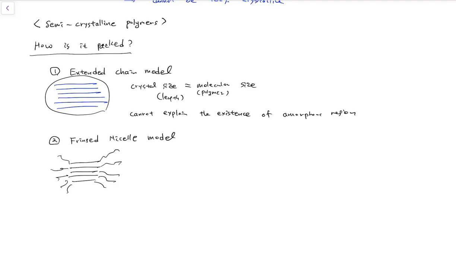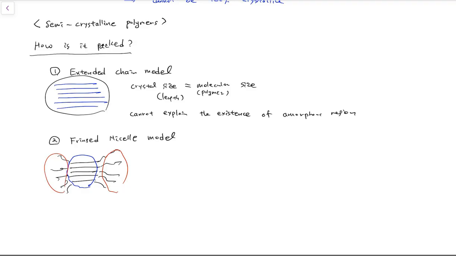By using the fringed micelle model, we can explain the existence of crystalline region and amorphous region. Let me use a different color. This is the amorphous region. So you can explain both the existence of crystalline and amorphous regions. And a few polymers show this kind of fringed micelle structure.